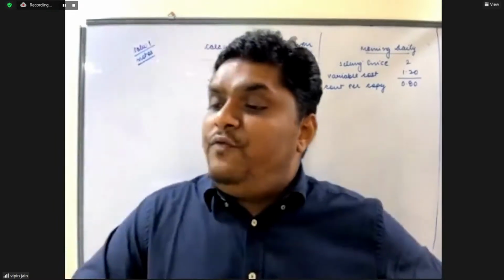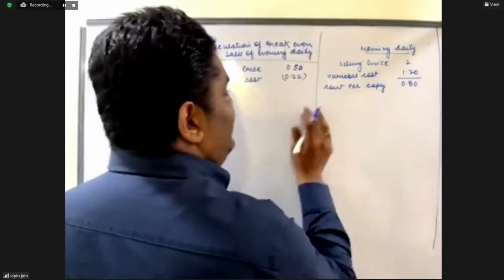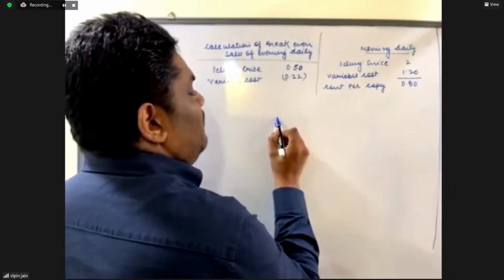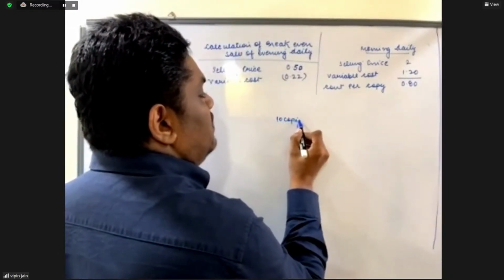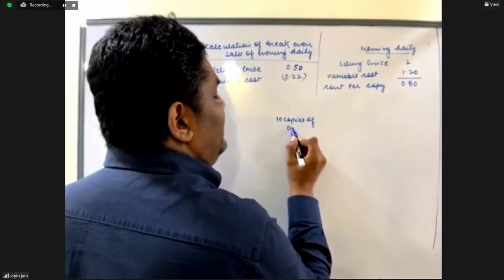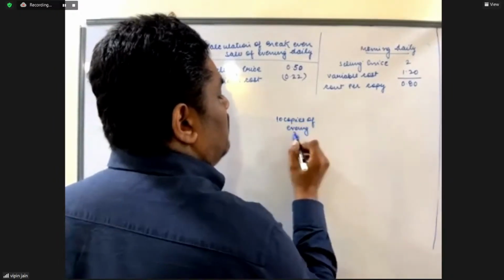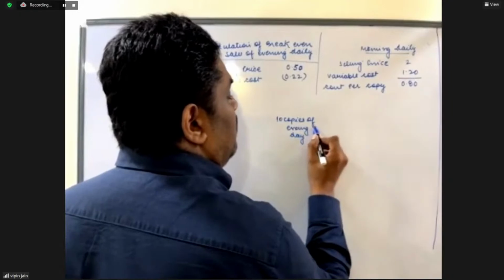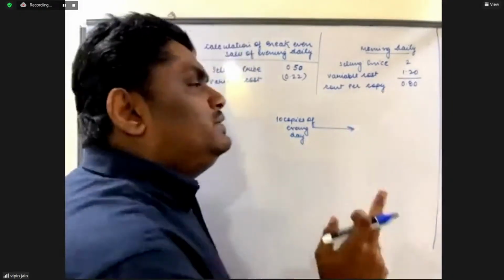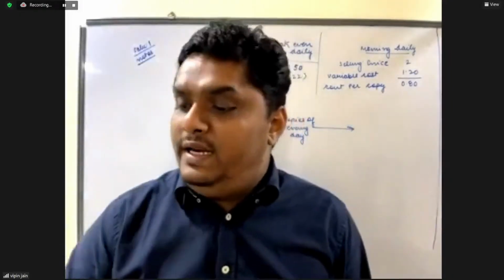Now it is given that for every 10 copies of evening daily, there will be a loss of 1 copy of morning daily.